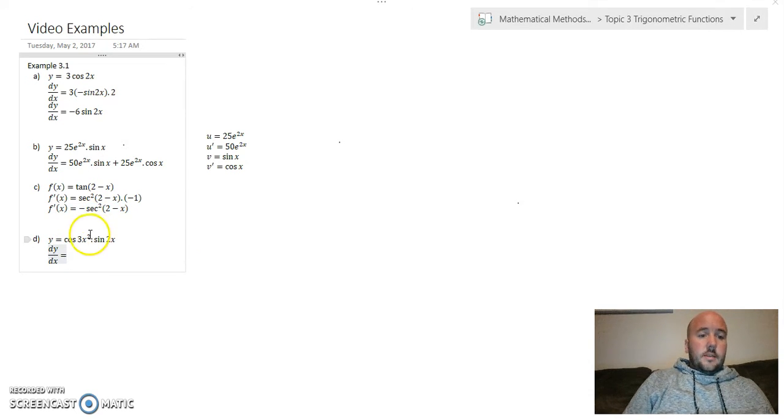Last example we're going to look at again makes use of the product rule. We have cosine of 3x squared as our u term.